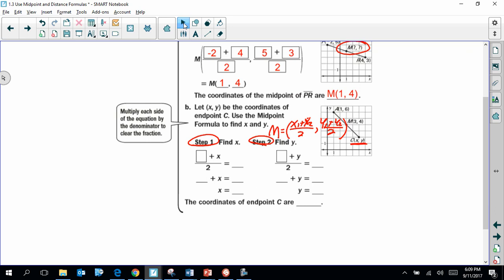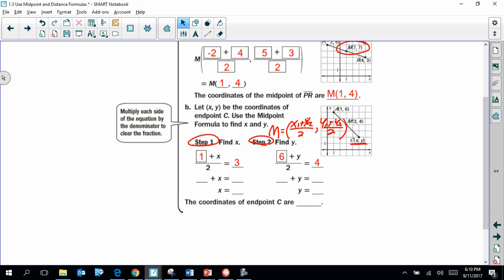So we're going to substitute those numbers into the formula where they belong. For step 1 on the left side, we're going to take the x-coordinate of point A and the x-coordinate of the midpoint that was given to us and substitute them into their respective spots. Same thing with the y-coordinates. I'm going to take the y-coordinate from point A and the y-coordinate from the midpoint and substitute them into their respective spots in the formula.